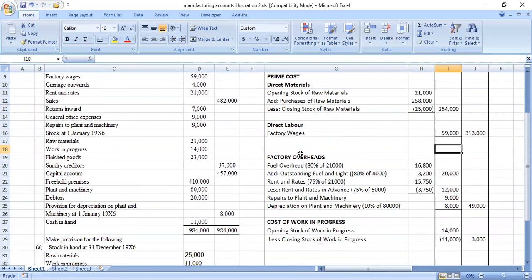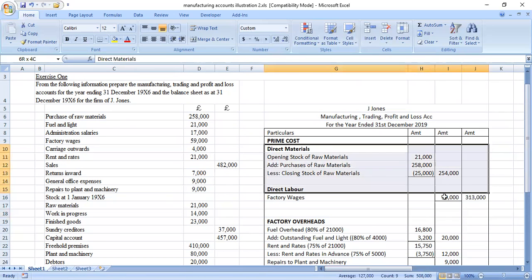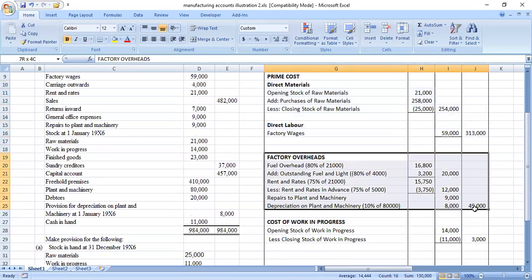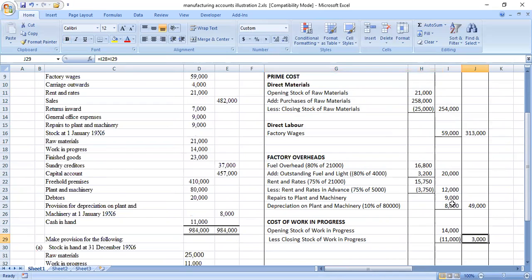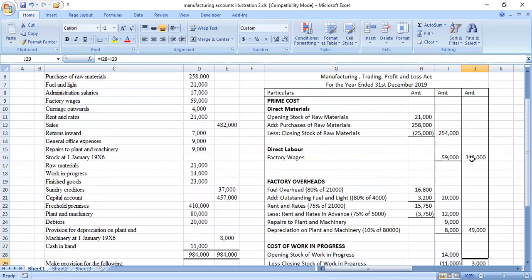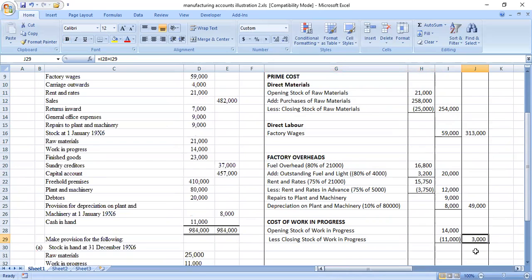So now we have our prime cost, which is 313, plus factory overheads, which is 49,000, plus cost of work in progress, which is 3,000. Isn't it? So 313 plus 49,000 plus 3,000 is 365,000. So 365,000 is the production cost.